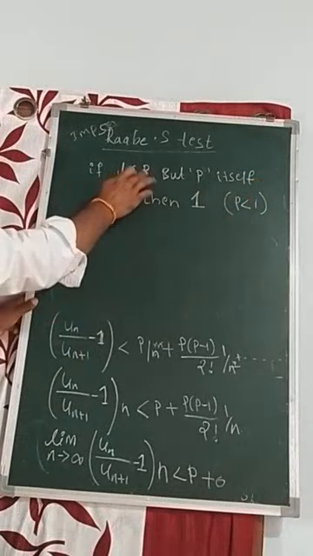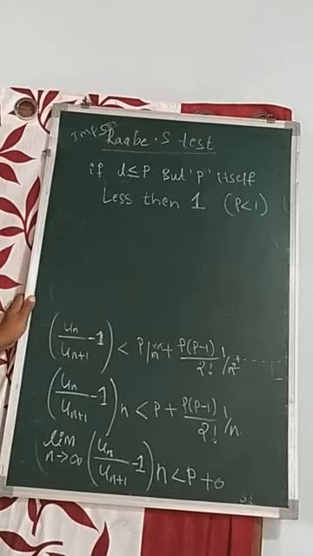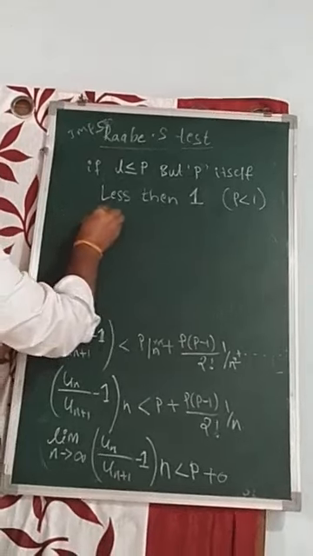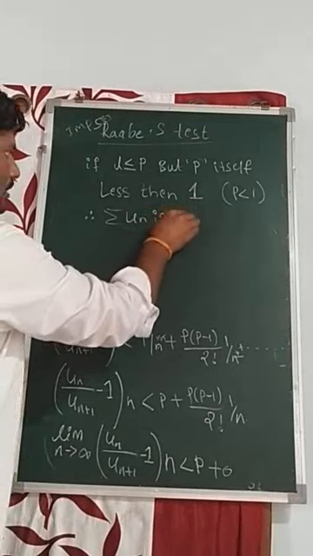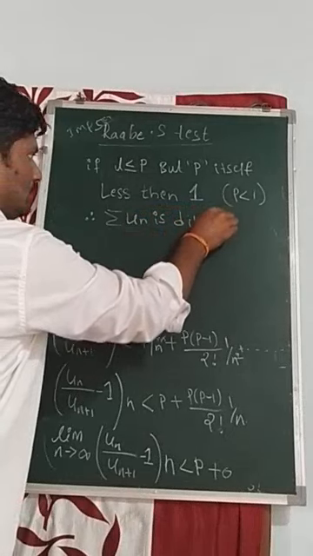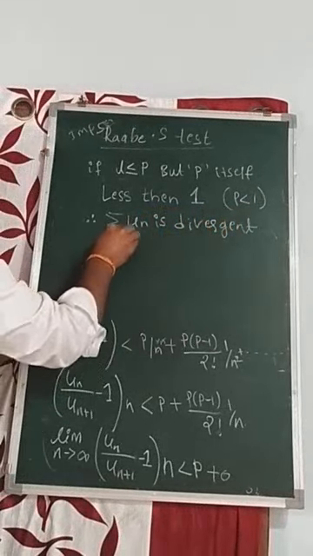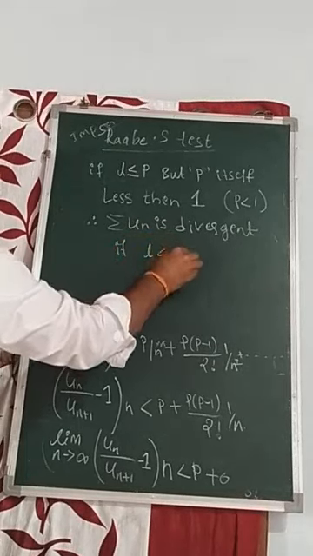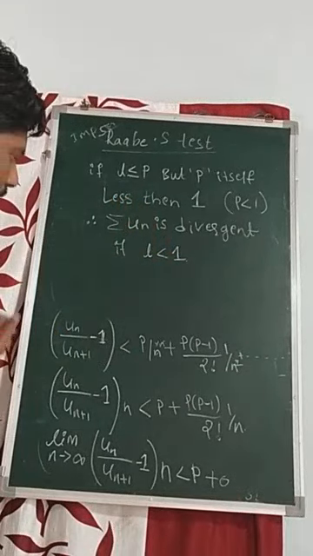But L is less than or equal to P, which is also less than 1. Therefore, summation of un is divergent. Summation of un is divergent if L is less than 1. This is the second condition of the theorem.